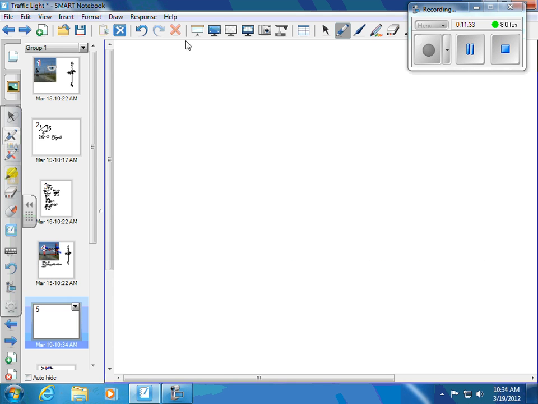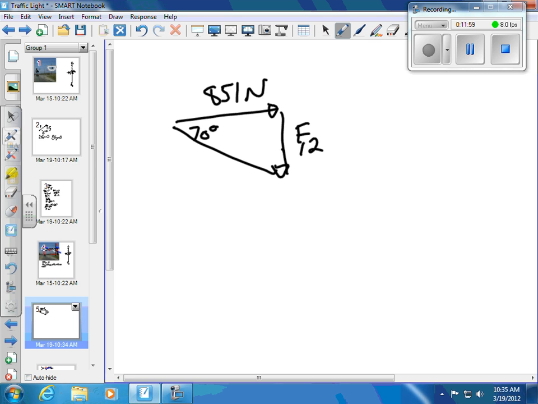I'll just go on a new page here. So using our triangle, this is 70 degrees. We know this one is 851 newtons in that direction, and we're looking for Ft2y.